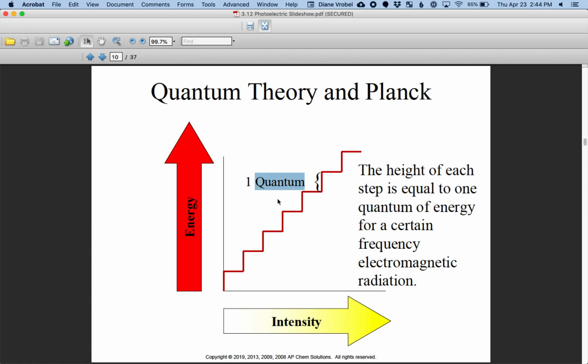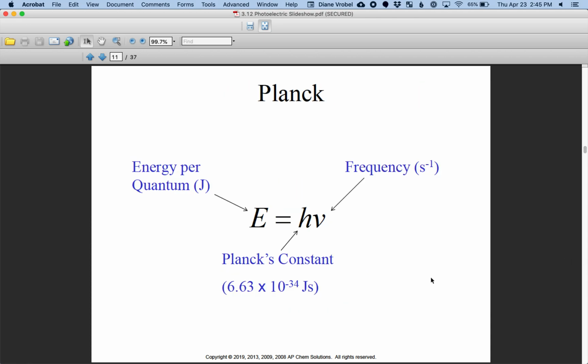So a quantum is an energy packet, or it's a photon of light that is a specific frequency, and that frequency is part of the electromagnetic spectrum. So he came up with this equation here where we have Planck's constant, and that is given to you on your cheat sheet.